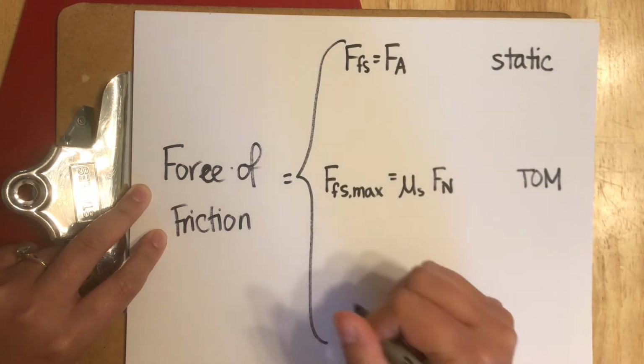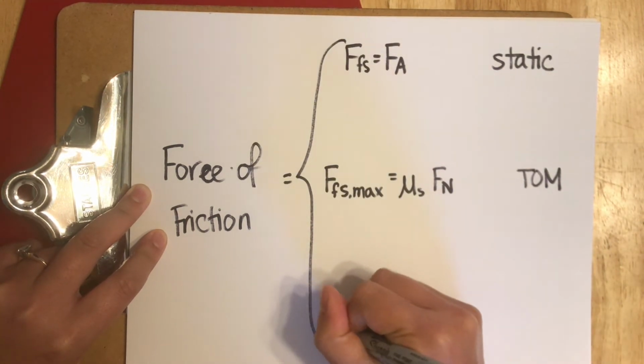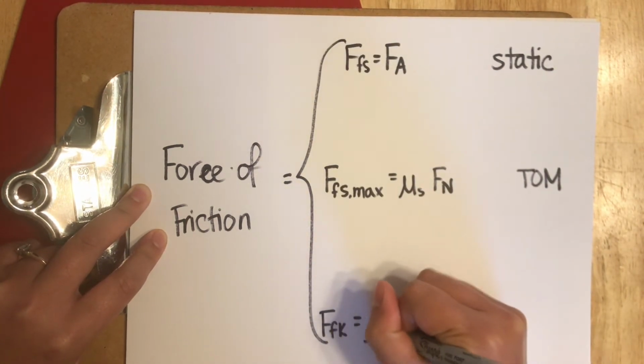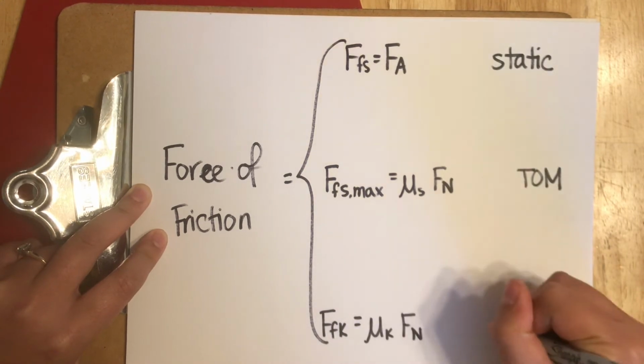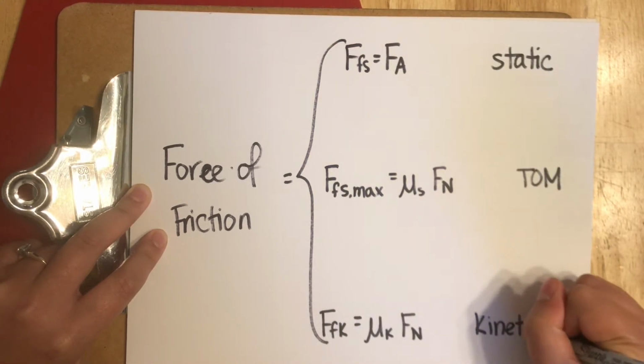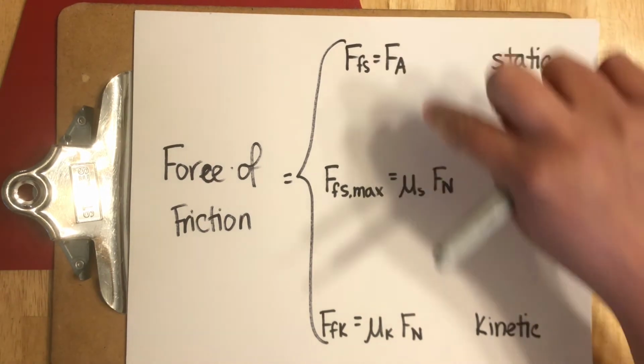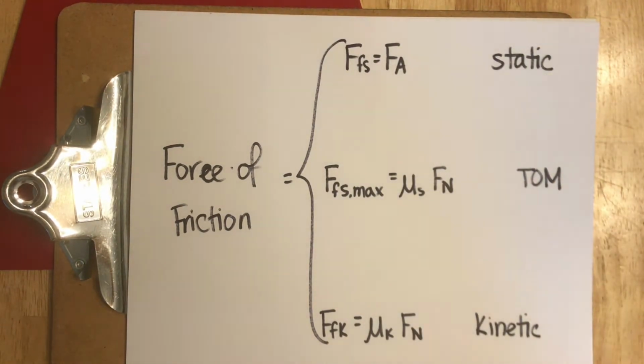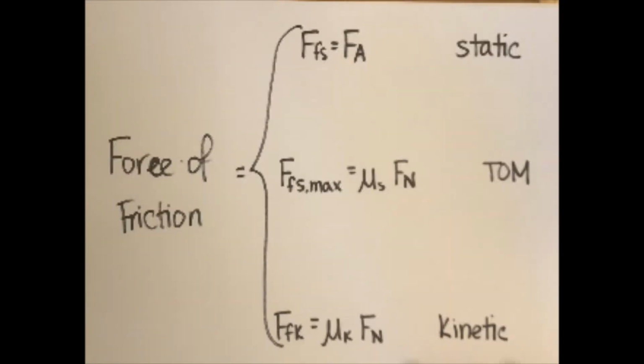I'm going to use TOM as my abbreviation for threshold of motion. Finally, the kinetic friction force is equal to the coefficient times the normal force, but we select the kinetic coefficient instead of static. These three equations together give the one piecewise function that works for friction force.